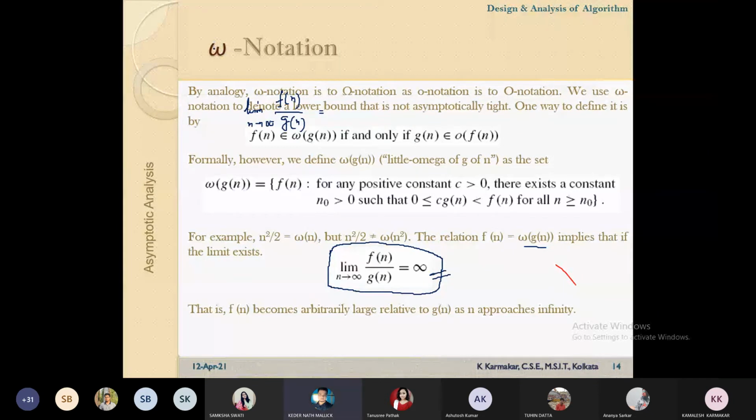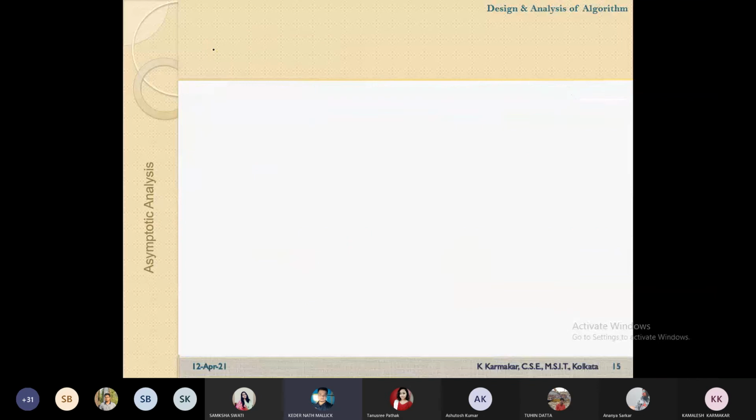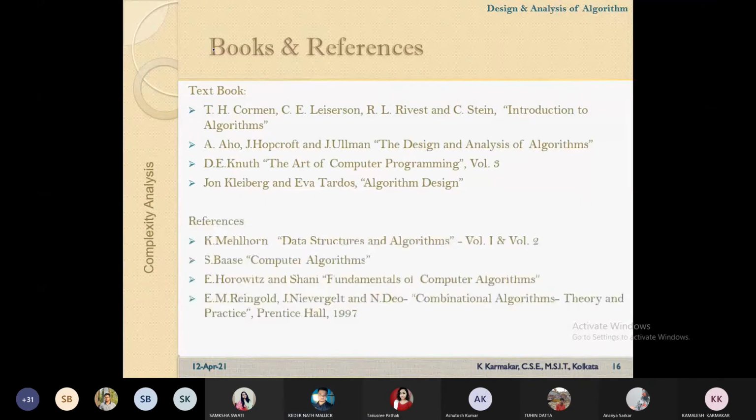Though in Master's theorem we are talking mostly about big theta representation, if you want to get any real example of small o and small omega, I will give you some examples. But at this moment I think the things will be a little bit hard for you.